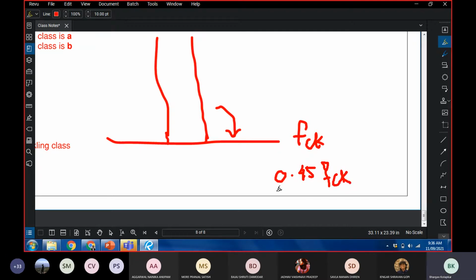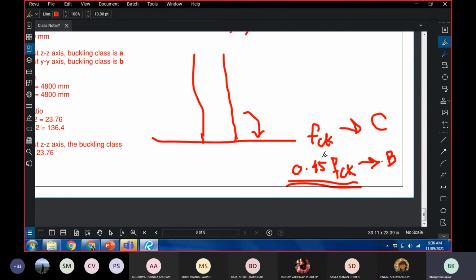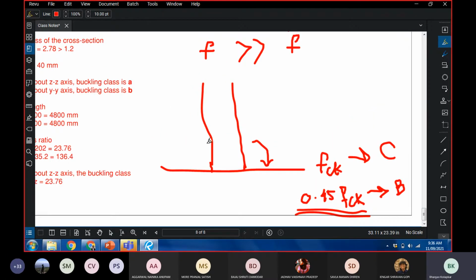This is the maximum stress that concrete can take in compression, and this is the maximum stress that concrete can take in bearing. Now let us try to put some numbers here so that we get a feel of what's happening.